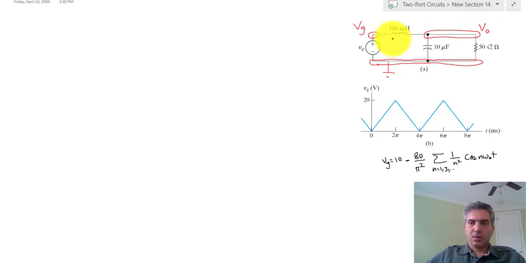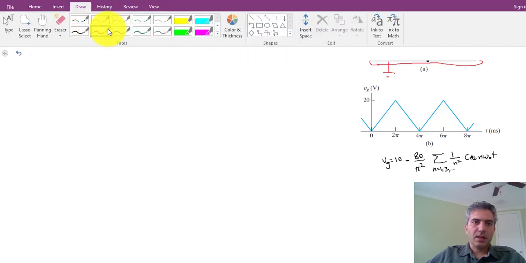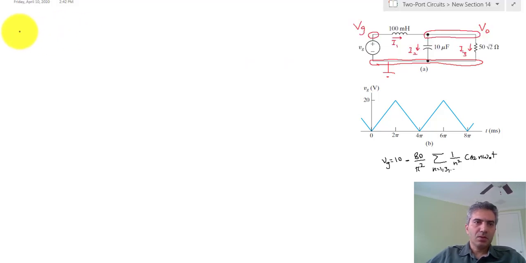Now we can do this like always: label the currents as well, and then move on to write the equations for components and KCL. So KCL, let's start with KCL.